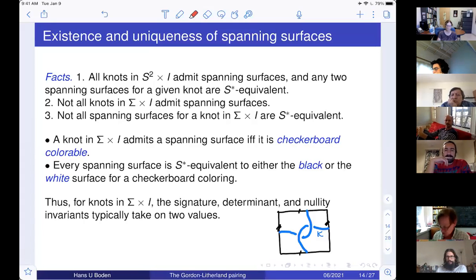It's a simple two-crossing knot, and that is not checkerboard colorable. If you try to checkerboard color, you might shade this part red and leave another part white. But if that's red, then this is red, and that makes this part red too, because I go up from here across the boundary. And then you see that it's not checkerboard colorable.